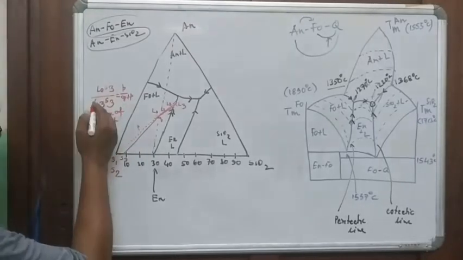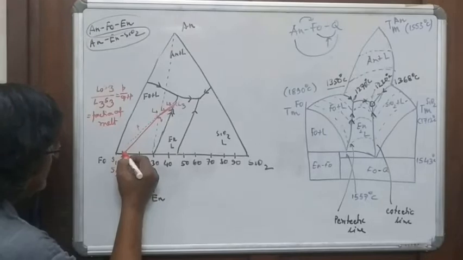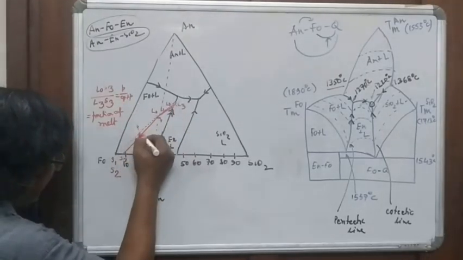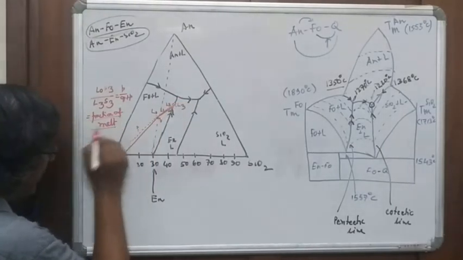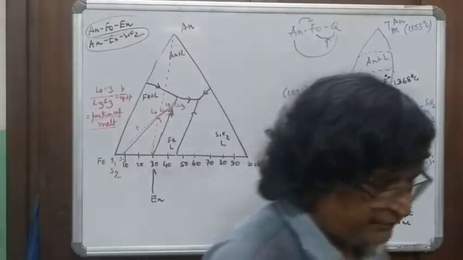Once again, L0S3 divided by L3S3, that means P divided by P plus Q. This should give you the fraction of the melt. 1 minus that is the fraction of the solid.